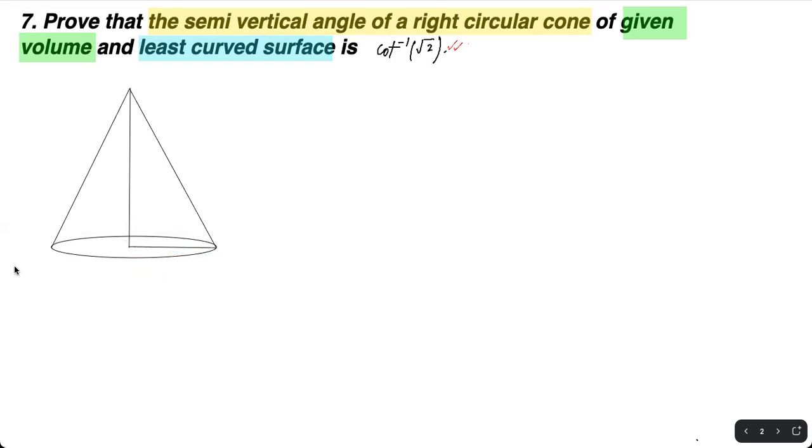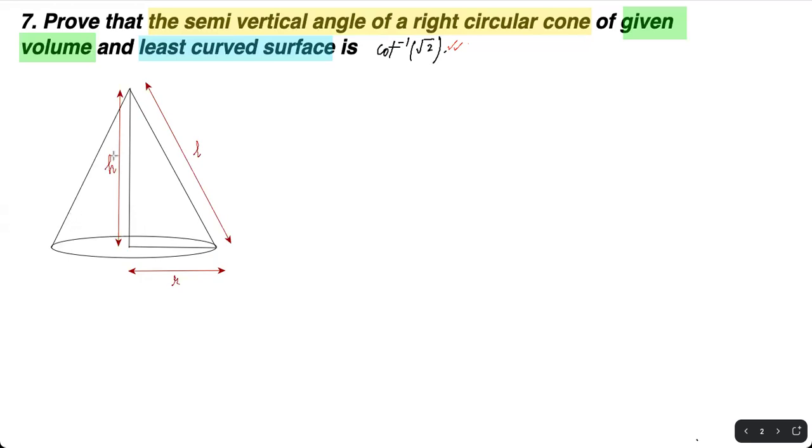If we mark the dimensions, this is radius of the base, this is slant height, and this is the perpendicular height. That is L, this is R, and this is H.